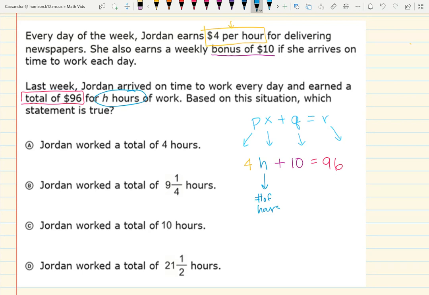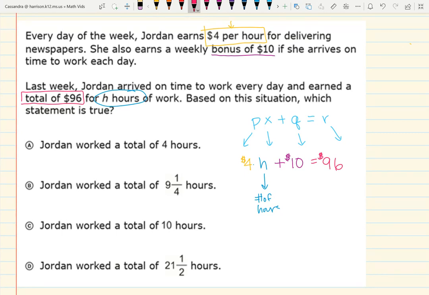We're going to try to find H, and we know that we received $4 for every H. $4 per every hour plus an extra $10 for showing up on time for a total of $96. All right, so this is our total. 96 is our total. $10 is our extra amount, and $4 is our amount per H.